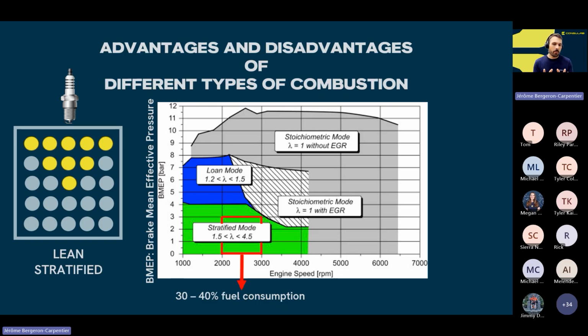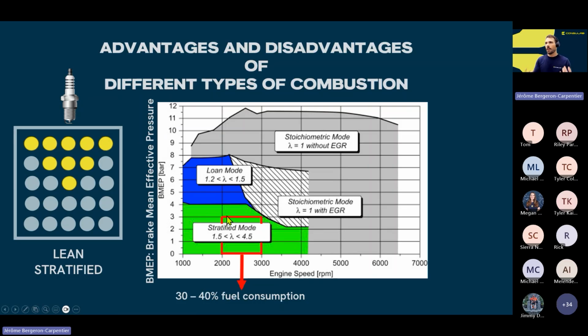If we look at that stratified mode here, we can really see that basically it's not good for all scenarios, right? We do want to be in stratified mode where the engine speed is quite low, and of course the load on the engine is also quite low.